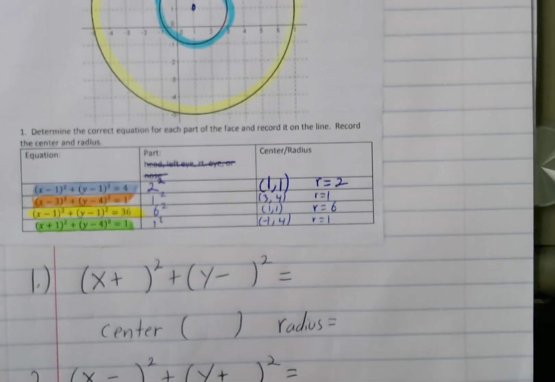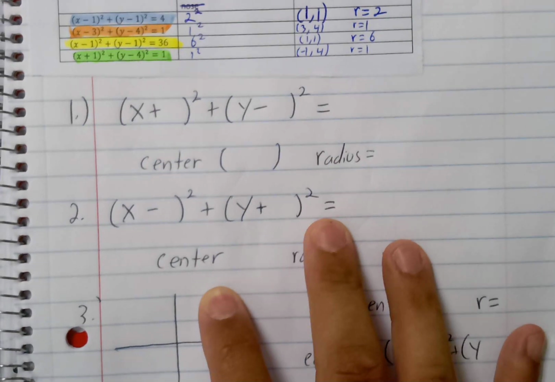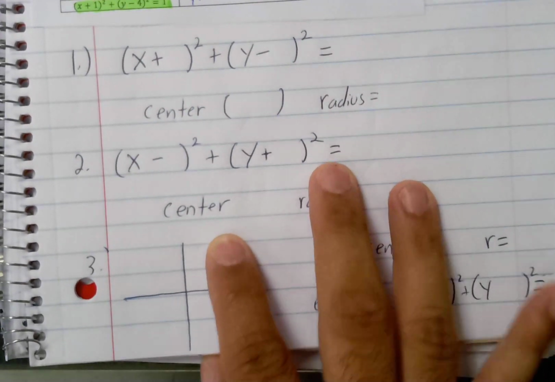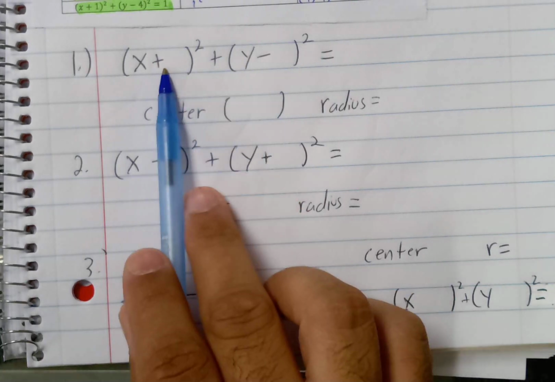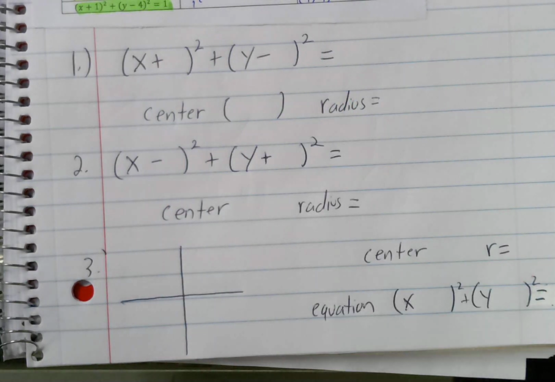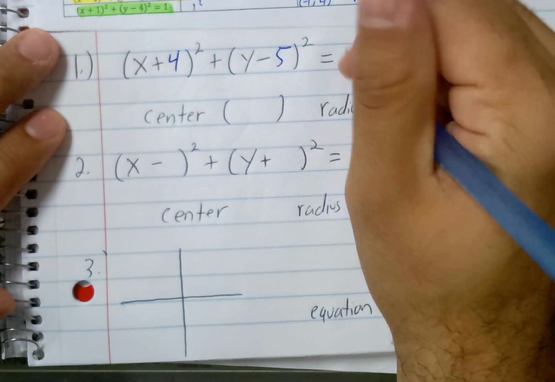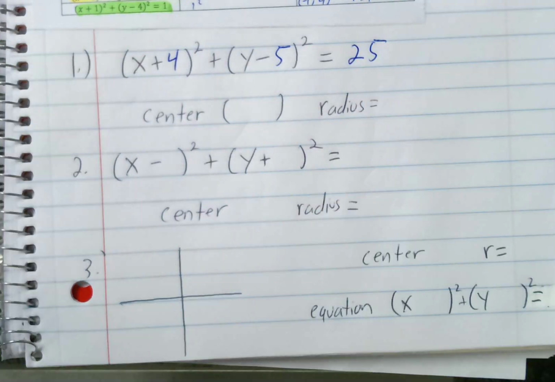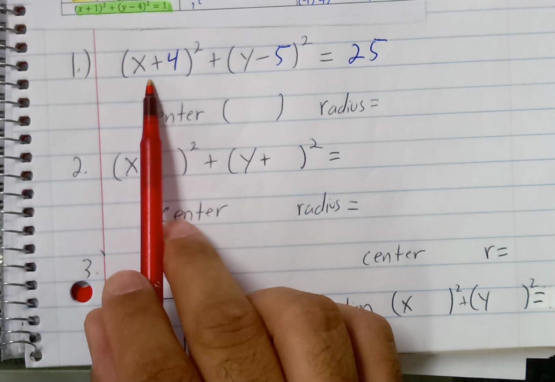Now, dealing with our equations here for our examples. Now we have 3 of them. It doesn't matter what numbers we select for our x values or y values and for our radius squared here. I can place a 4, a 5, and I can say 25 here. It's just like the polynomials and finding the roots.